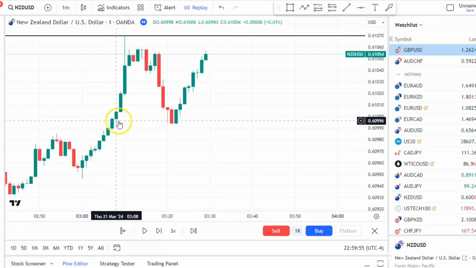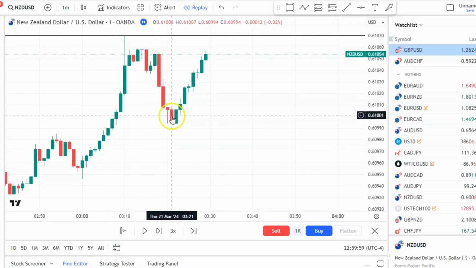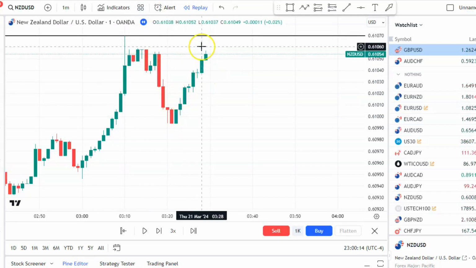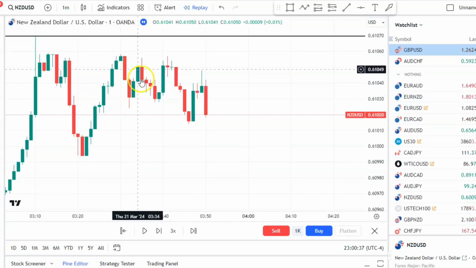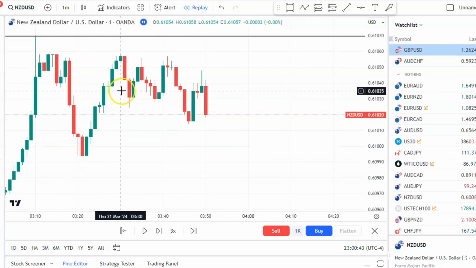We had these buyers coming into the market, and then the sellers started coming into the market, pushing the market down. Then boom, we have buyers coming into the market. And if we are selling, we want to sell to the buyers. Now price started again creating lower lows, showing us that the sellers are now in place, but we are selling to the buyers.